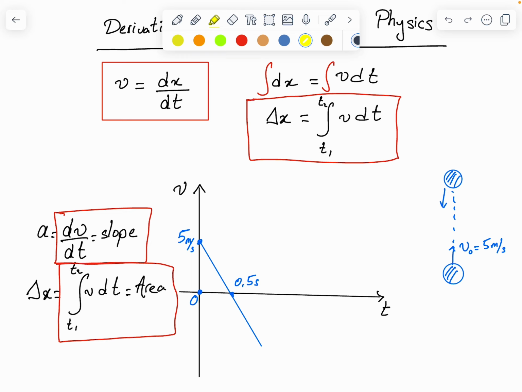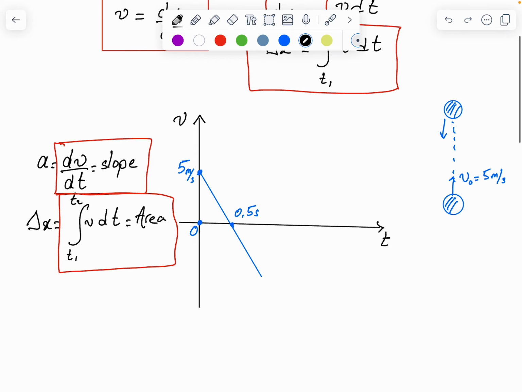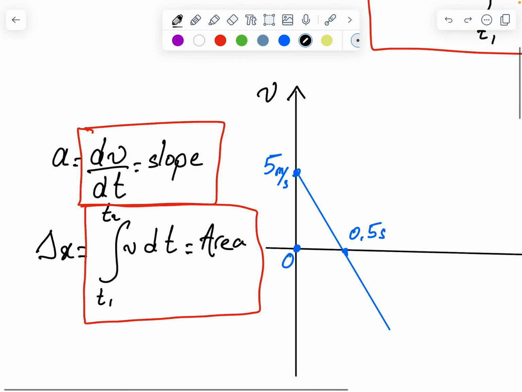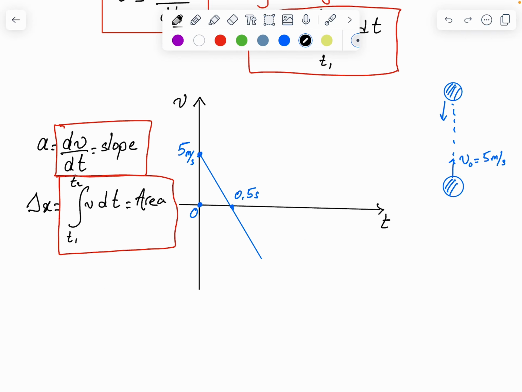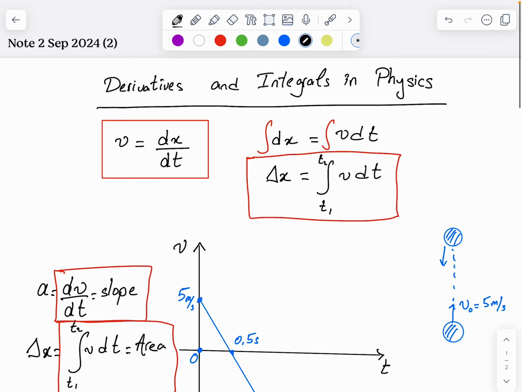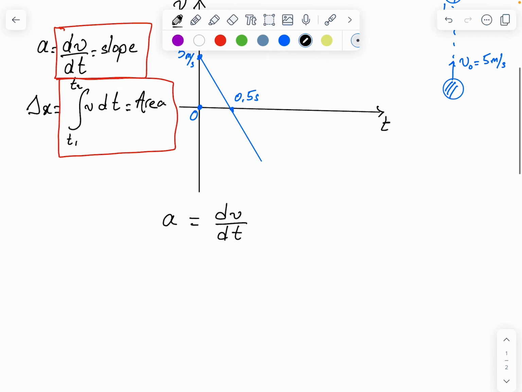So, if the question was to find the acceleration, simply the acceleration is the slope because it's dv by dt. Remember, derivative means slope, integral means area.